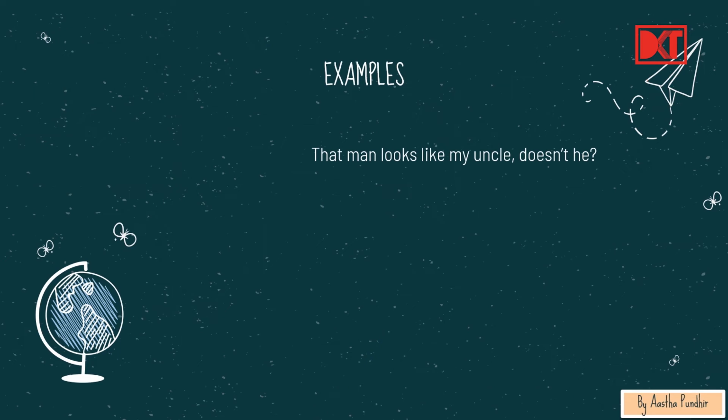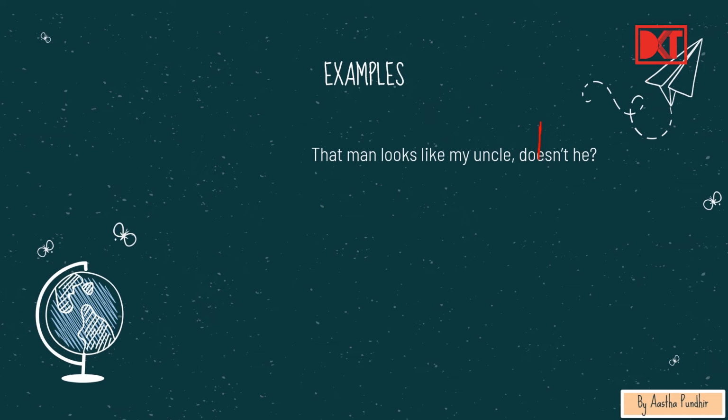Like here, that man looks like my uncle. You just read this till here. That man looks like my uncle. So if there was a full stop here, this is just a statement, right? But when this question tag is added, like here, doesn't he? Now then, doesn't he? This becomes what? This becomes a question. So the statement turns into a question, like that man looks like my uncle, doesn't he?